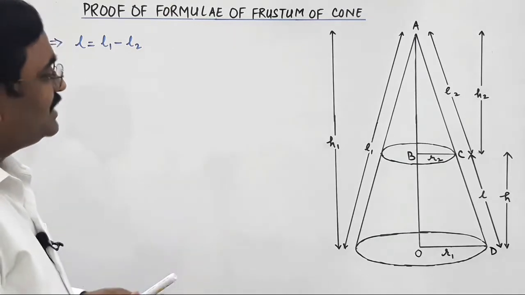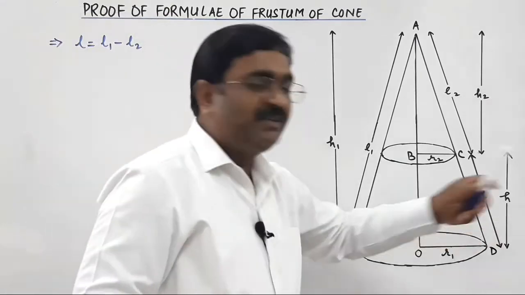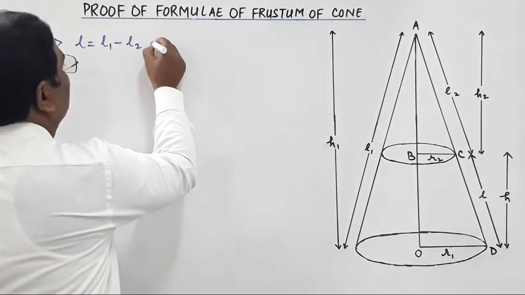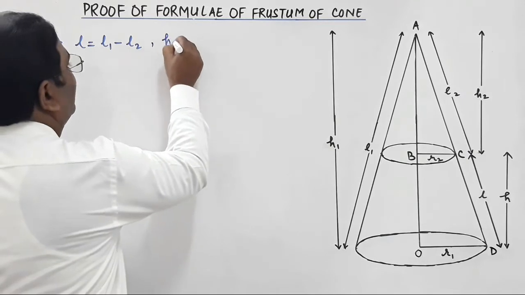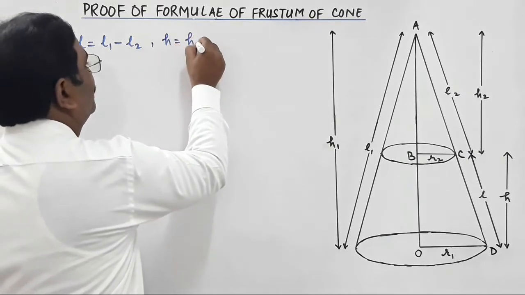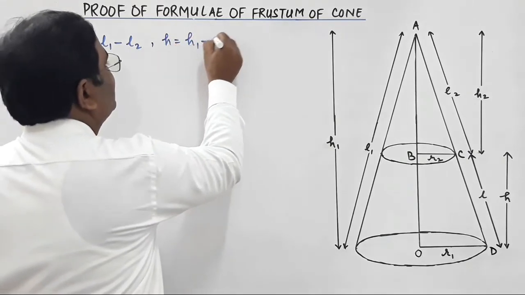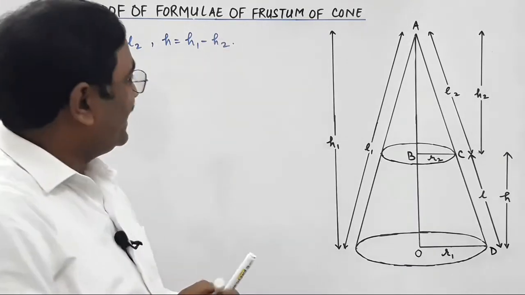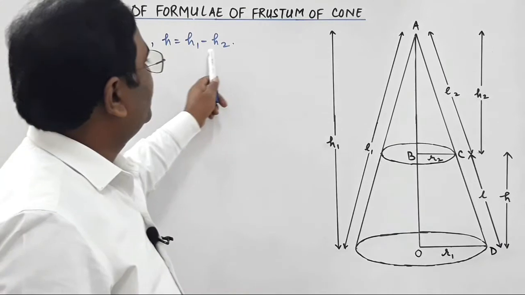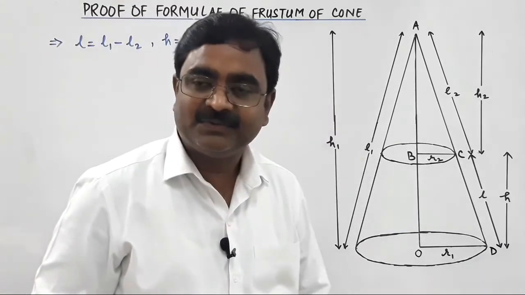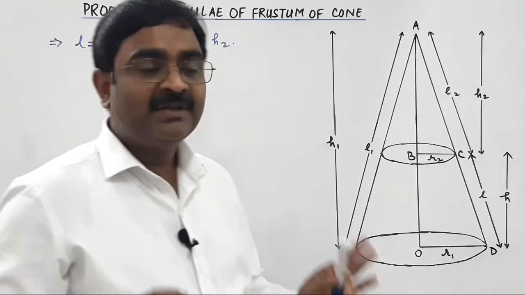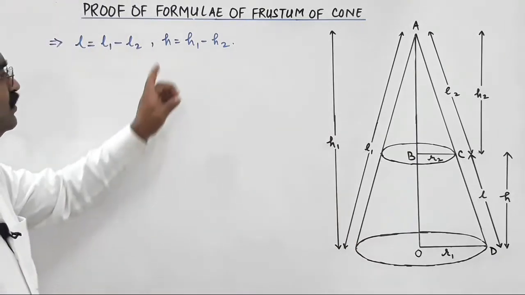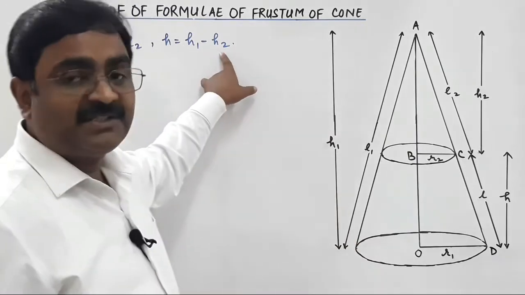Similarly, the height of the frustum of cone h is equal to the height of the big cone minus the height of the smaller cone. So h is equal to h1 minus h2. Any problem? Right. We got L equals L1 minus L2, h equals h1 minus h2.